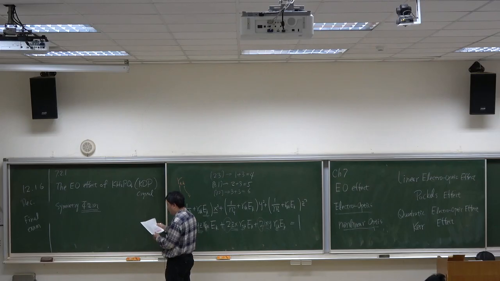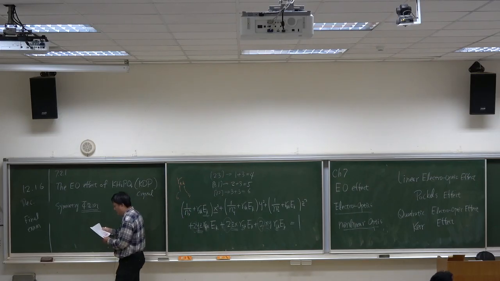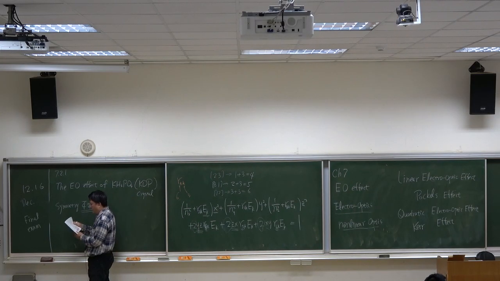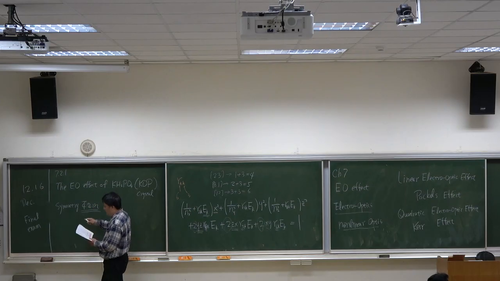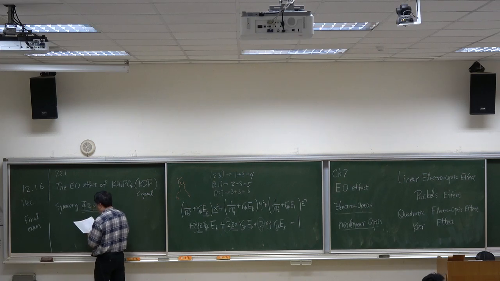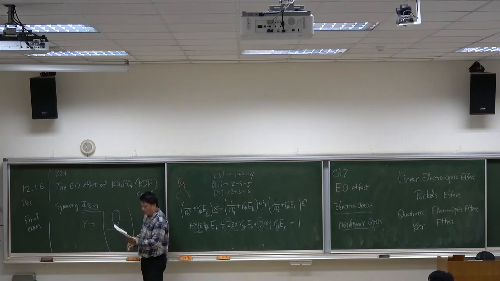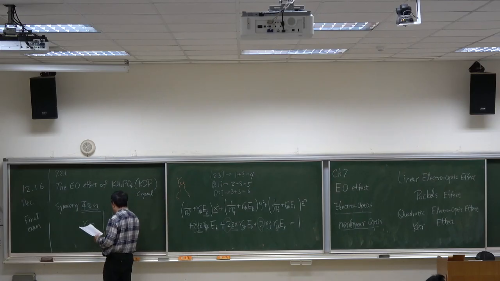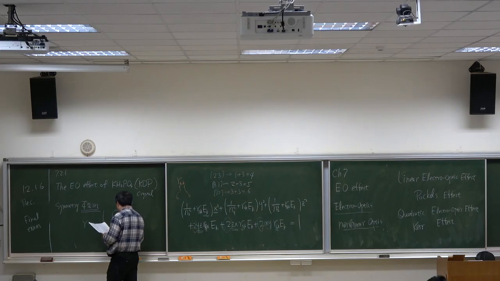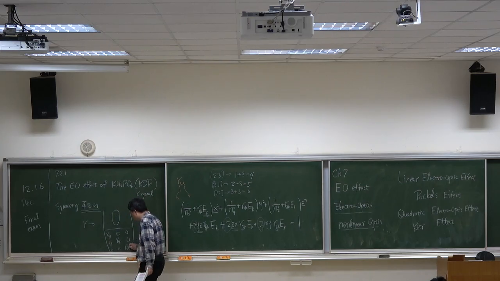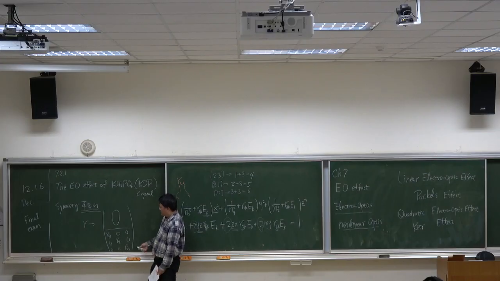So you can see that the result is a tetragonal crystal, and the R coefficient now becomes this one. Here we have 0, R41, 0, 0, R41, 0, 0, 0, R63.